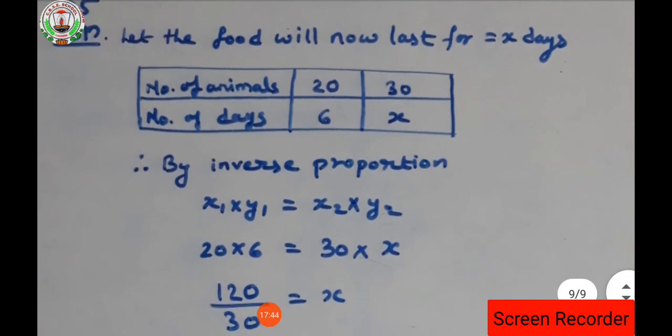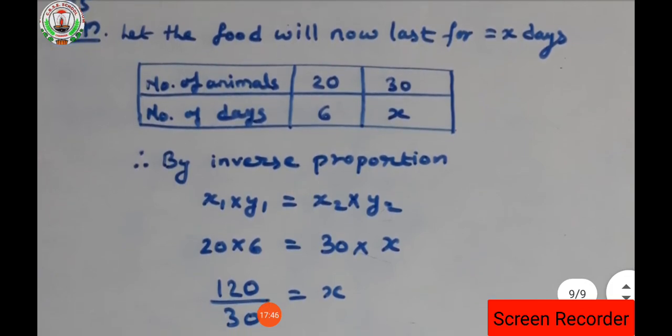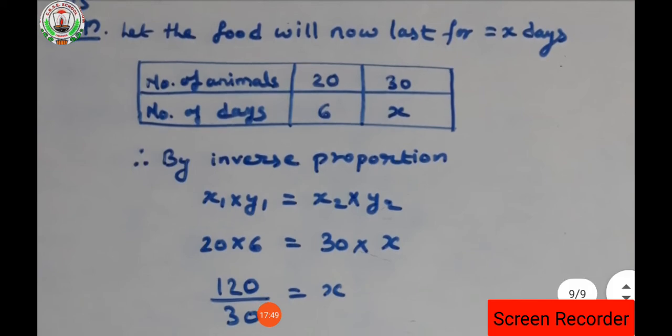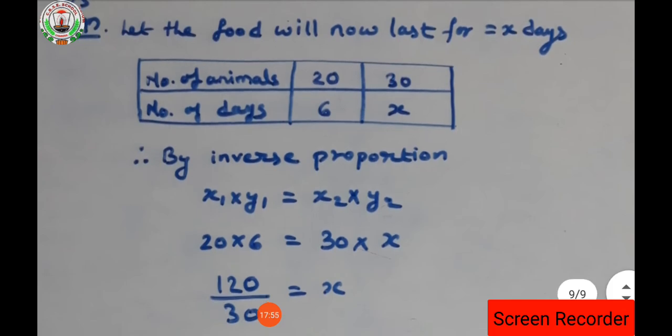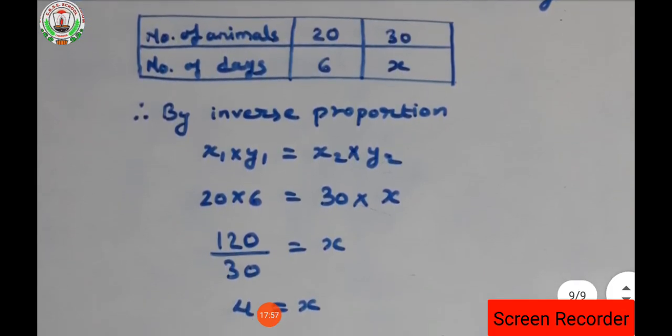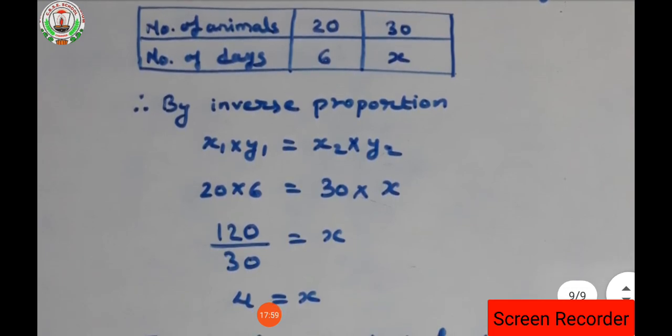So 20 into 6 is 120. x2 is 30 and y2 is x. So 30 into x is 30x. Now 120 is equal to 30x. So 120 will be divided by 30 to get the value of x. The value of x is 4.